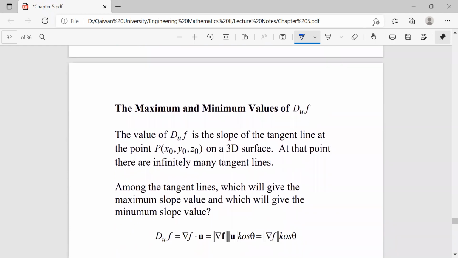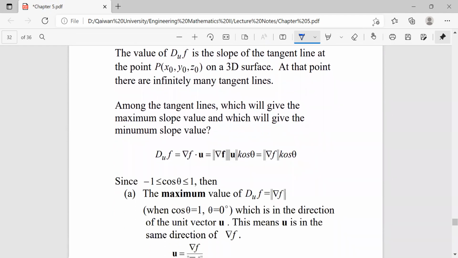We now have maximum and minimum values of the directional derivative. We say the maximum value of the directional derivative is the magnitude of the gradient vector. So here we just find the gradient vector and then its magnitude.